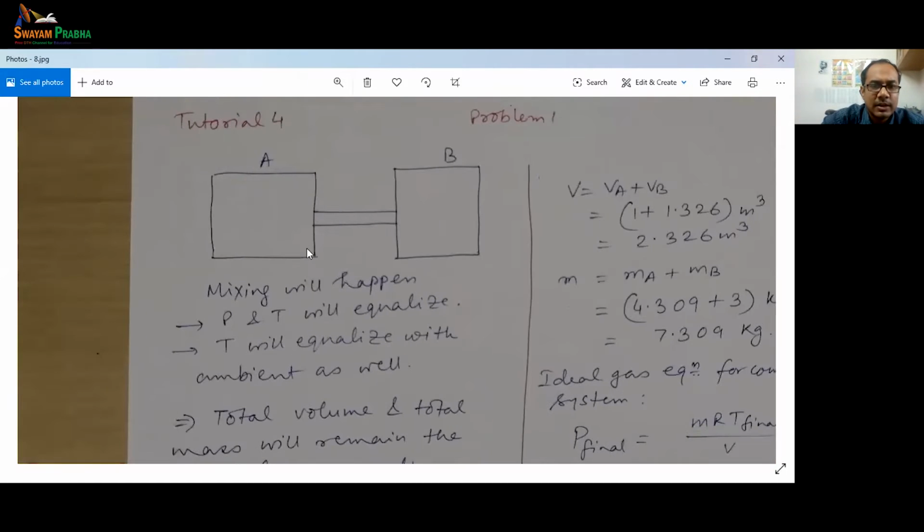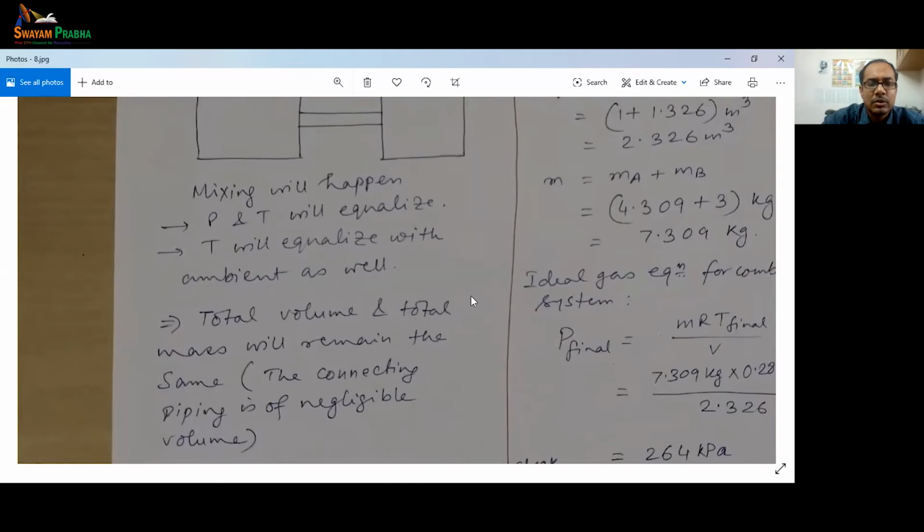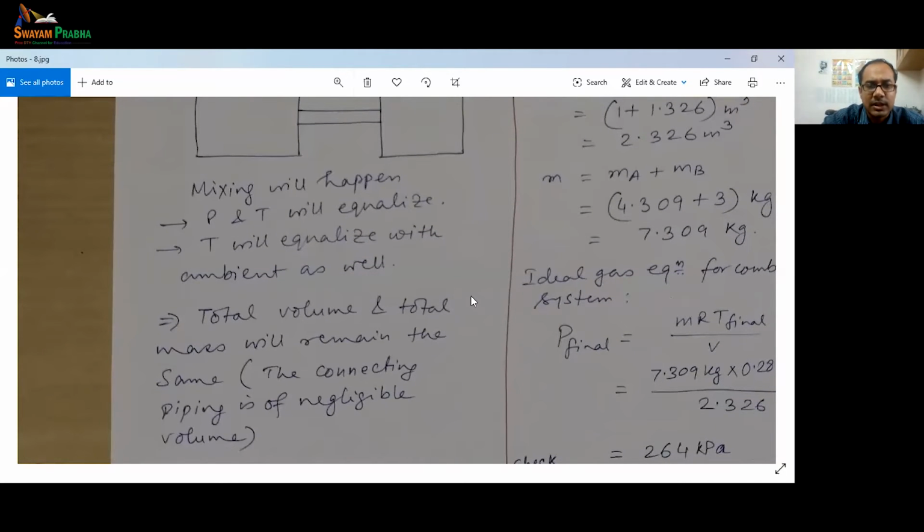So look here. Now we have opened the valve and mixing will happen, right? Pressure and temperature will equalize between these two tanks, and temperature will equalize not between these two tanks only, it will be equalized with the ambient. Okay, so ambient is given to be 20 degrees centigrade.